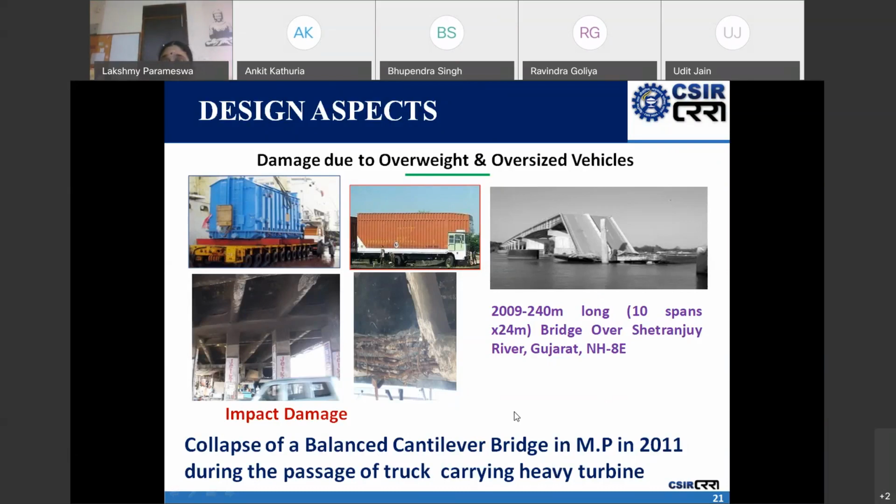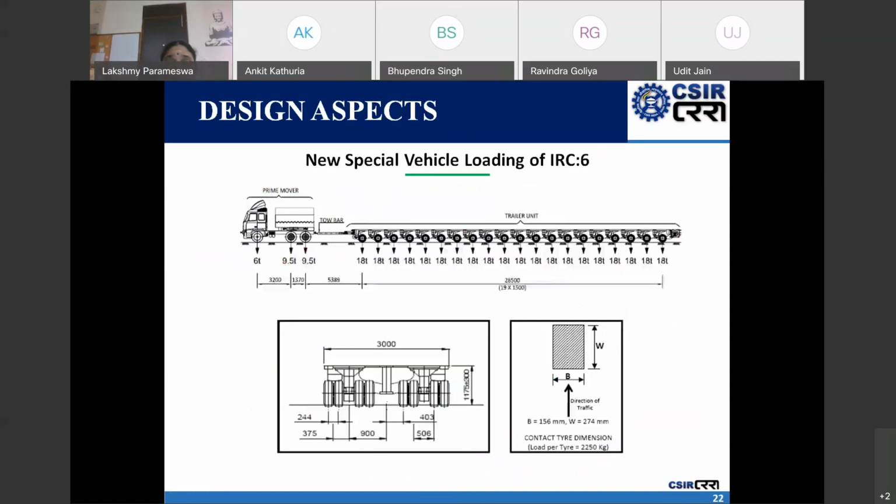This is a balanced cantilever bridge. This is a simply supported bridge. And another aspect is that not only the overweight vehicle, but the oversized vehicle also can impact and damage the bridges. So the clearances for the bridge deck are also very, very important.